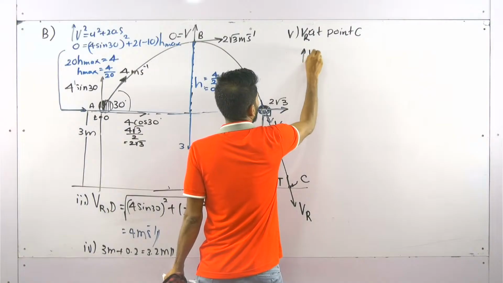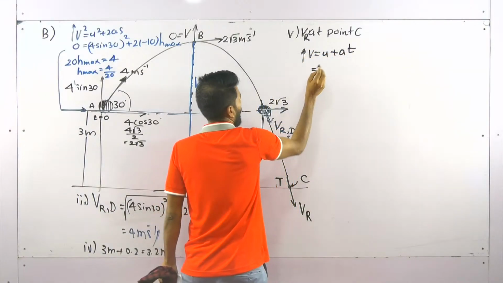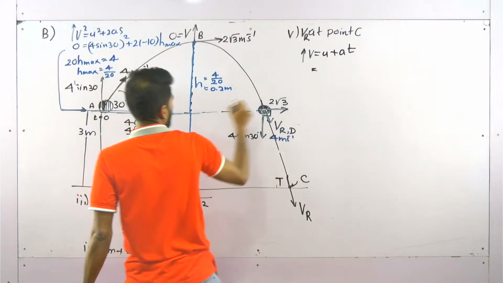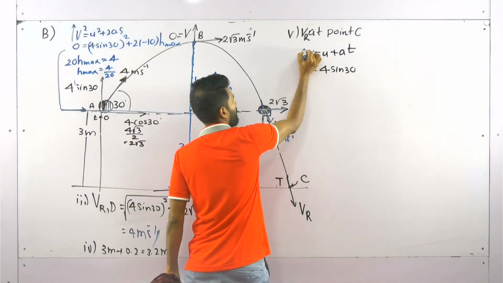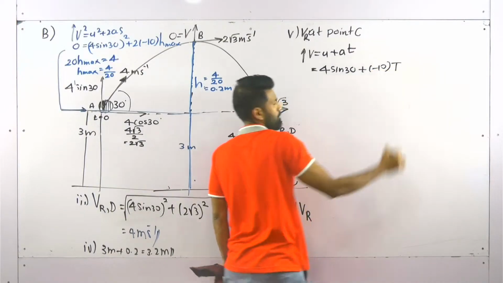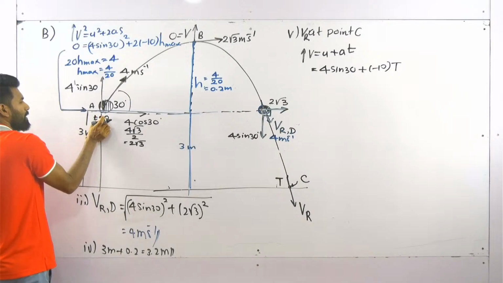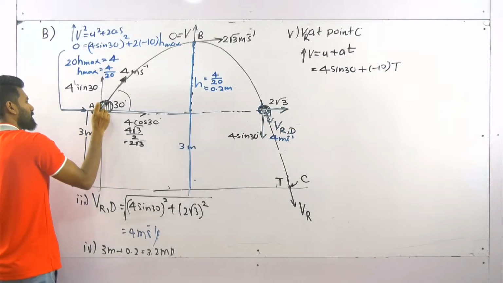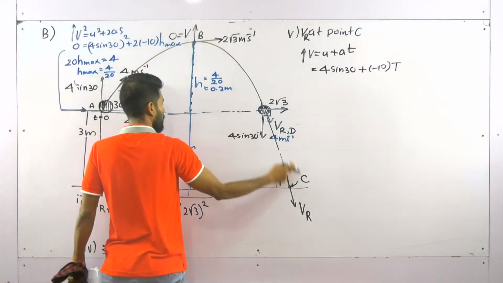Applying v equals u plus at. Upward initial velocity is 4 sine 30. As I'm using the equation upward, acceleration should be minus 10 here, and I'm applying the flying time. When t equals 0 here, we start to calculate time, and it will take the flying time for the object to reach here.